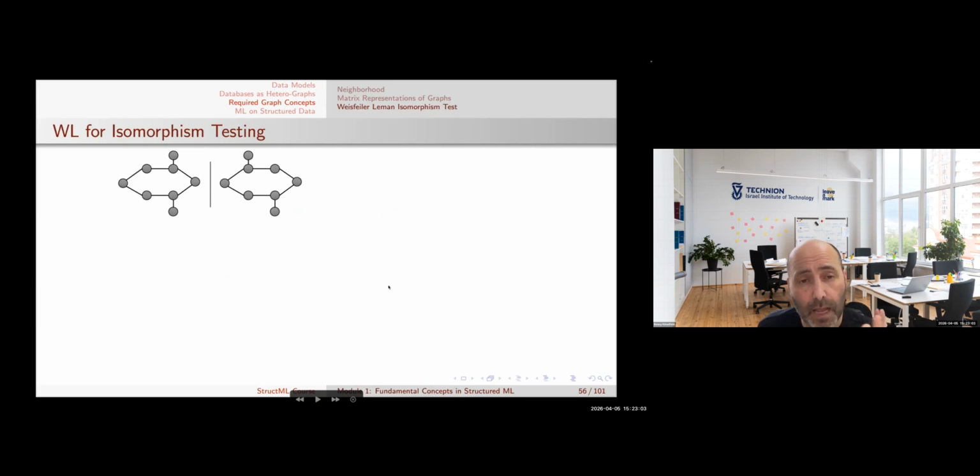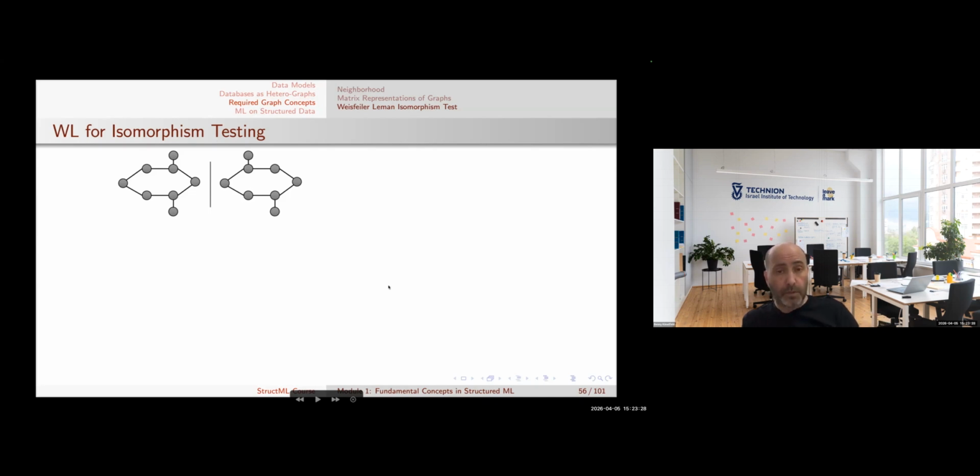Okay, let's look at how we use this algorithm for isomorphism testing. So basically, the idea is the following. You apply the algorithm on both graphs in parallel, and if the algorithm behaves differently at any point of time or at any iteration, then you say, well, they are not isomorphic. Okay?